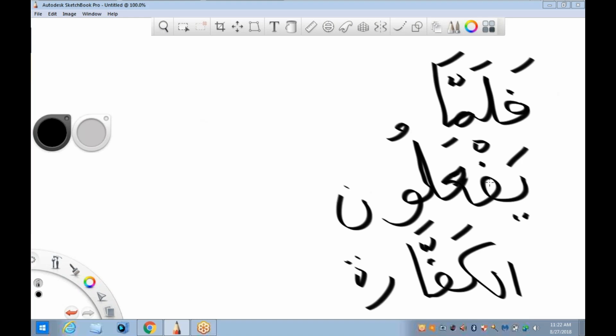Let's go back to the first one. فَلَمَّا، يَفْعَلُونَ. So the air and the sound when it's a sukoon is more than when it's mutaharrik with a fatha or kasra or dhamma.